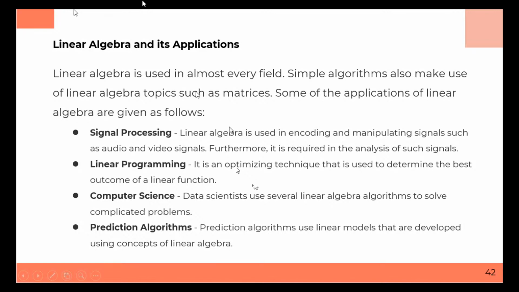Linear algebra is used in almost every field. Simple algorithms also make use of linear algebra topics such as matrices. An algorithm is a step-by-step procedure to solve a problem. Any real life example that I can have? Can I call a process an algorithm?